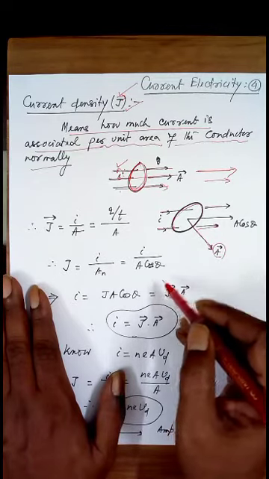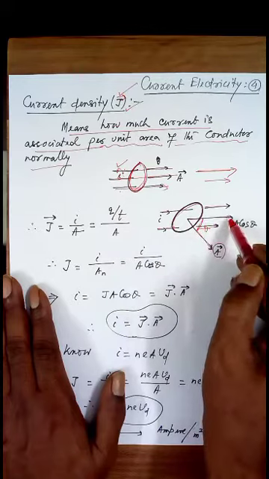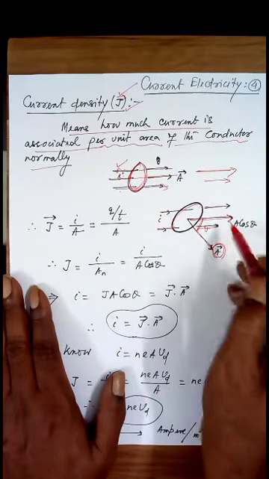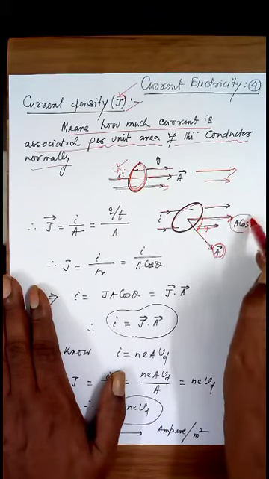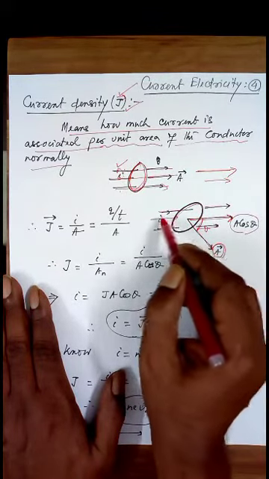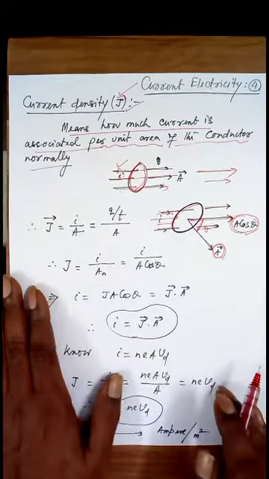Then what do I have to do? If this angle is theta, I take this component of the area vector, that is A cos theta. By doing so, the A cos theta is in the direction of I. Means all these currents coming through A cos theta are normal.